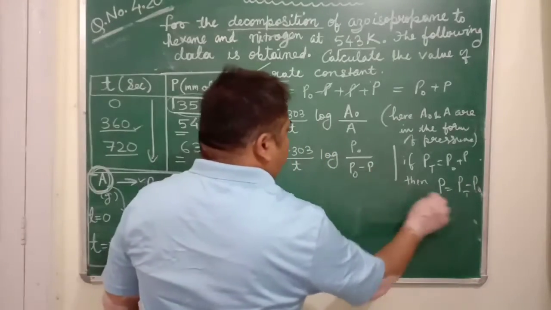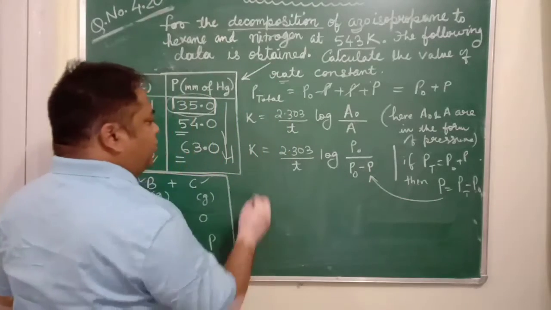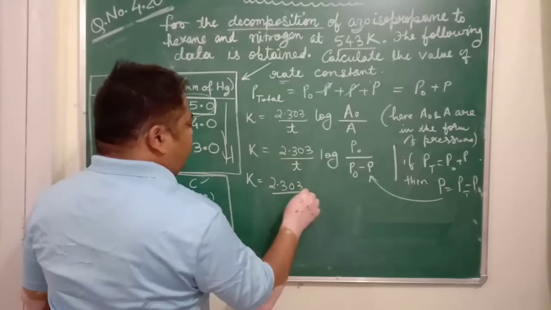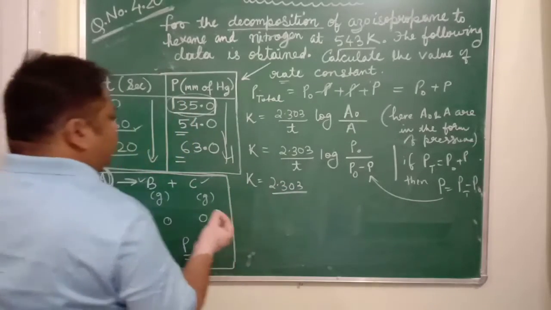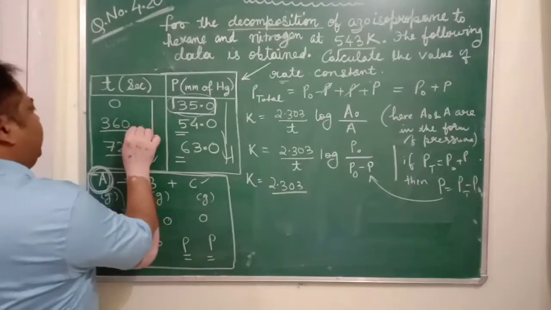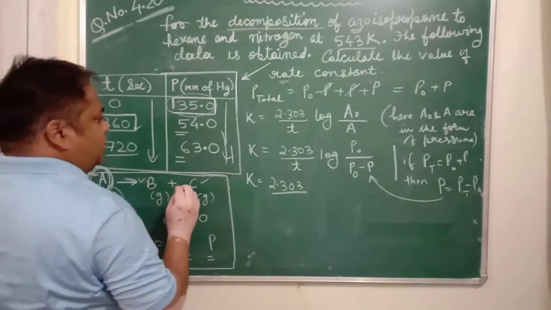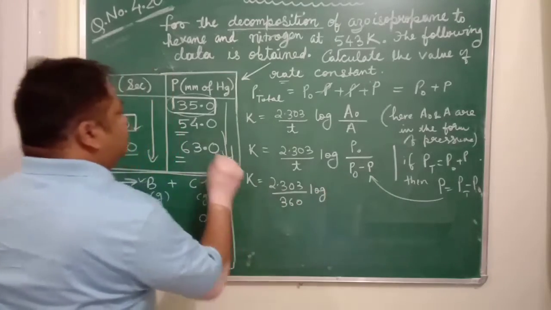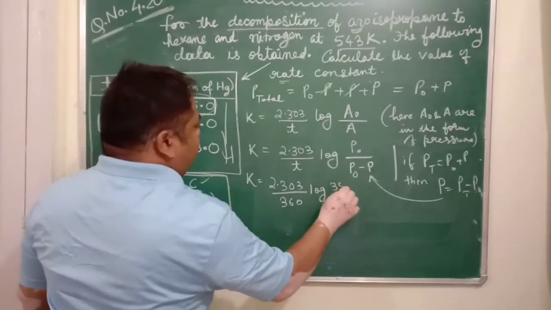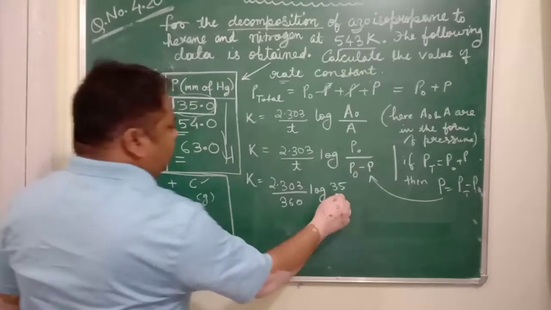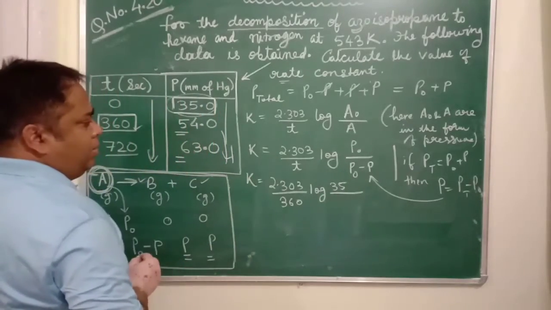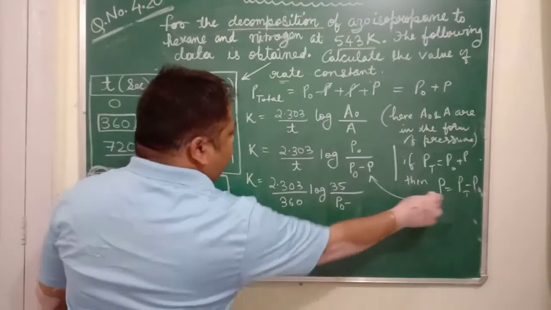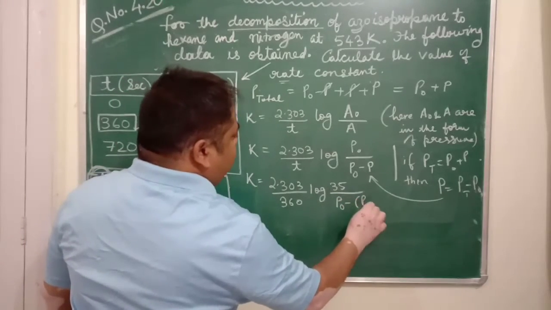Now instead of P, we can write this value and we will get K is equal to 2.303 by whatever time we are taking. So say if we take this time for the first set of experiment, we write 360 log, initial pressure is 35 mm of Hg of mercury column. This will be P0 minus the value of P, which is the bracket Pt minus P0.